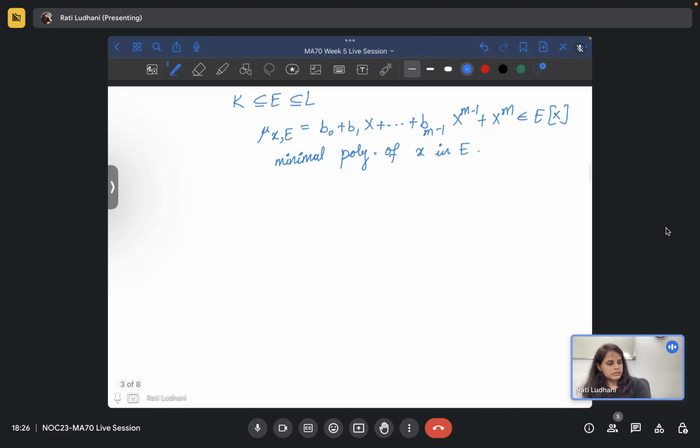Now they are asking: show that E is the same as K(b0, b1, up to and so on bn minus 1). So they are saying it's just K with these coefficients. So E is equal to K with these coefficients.